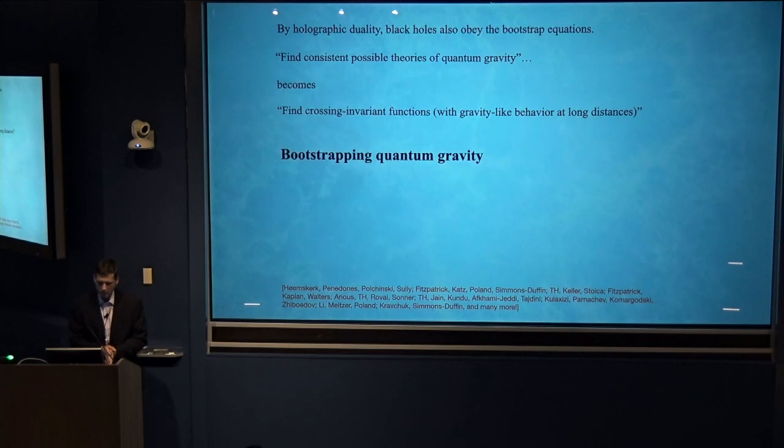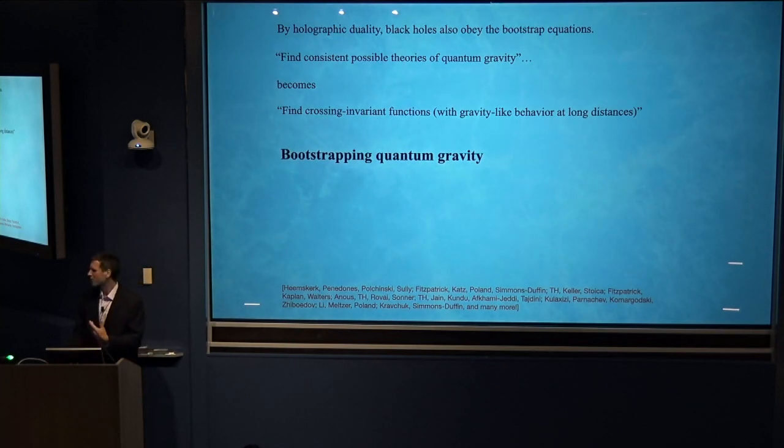What this does is it maps an abstract physics problem, the problem of finding consistent possible theories of quantum gravity, which sounds very abstract, to a very concrete math problem. The question becomes: find crossing invariant functions that obey the Bootstrap equations.